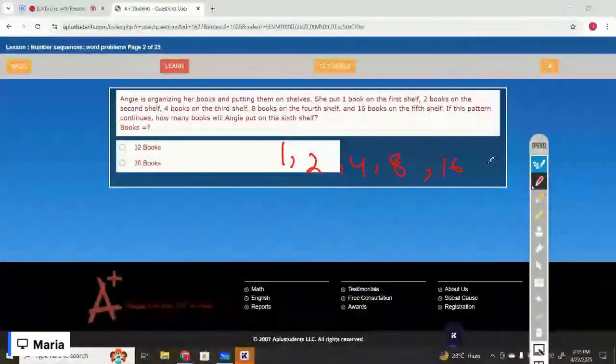If the pattern continues, how many books will Ng put on the sixth shelf? Which is the correct option? The next one is 32.